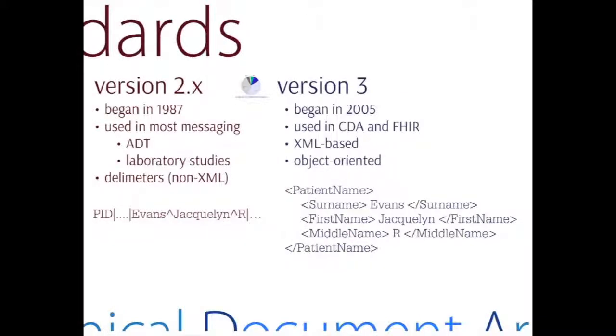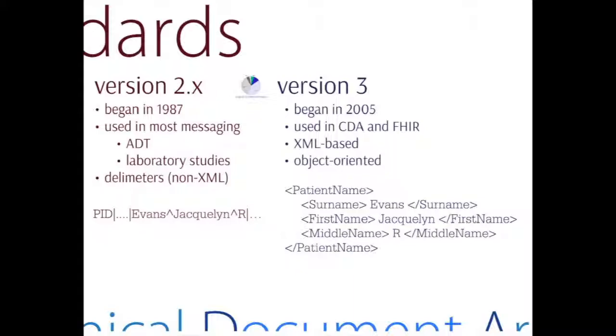As I mentioned, there are a number of parts within HL7, but far and away the most common is the messaging standards, particularly version 2 messaging.